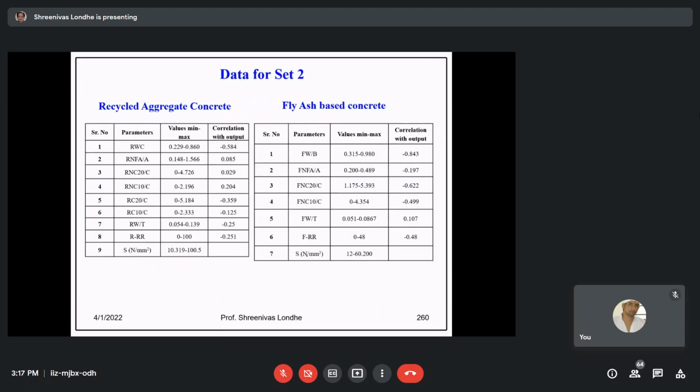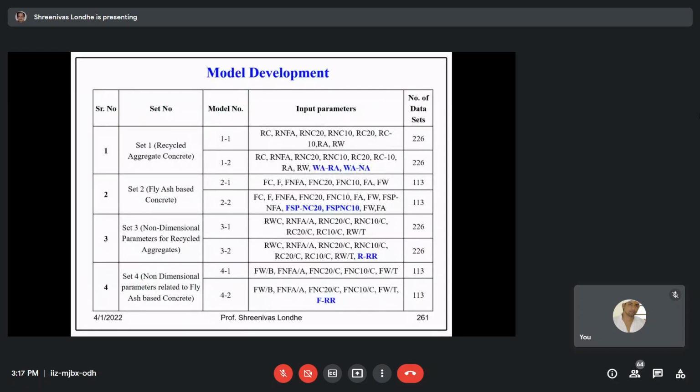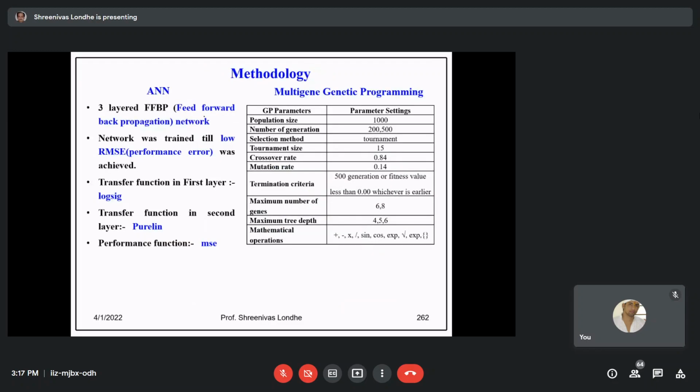Okay. Now, once I did that, these were the set of models which were developed, as I said earlier. So this was my set number 1. One model is my model without any properties, and the second one is with the properties, and with only the non-dimensional parameters as well. Now the ANN was developed with a similar methodology as it was done earlier.